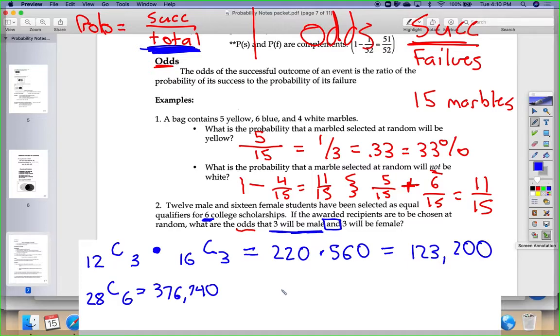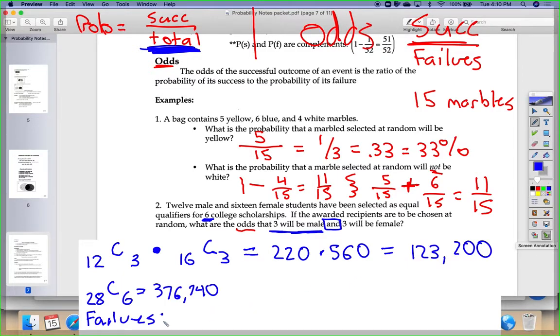If this were a probability question, it would just be this divided by that, and it would be over. But since it's odds, I need to get my failures, meaning all the groups of 6 that are not 3 male and 3 female.